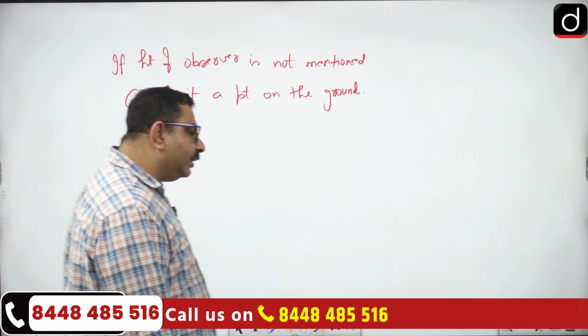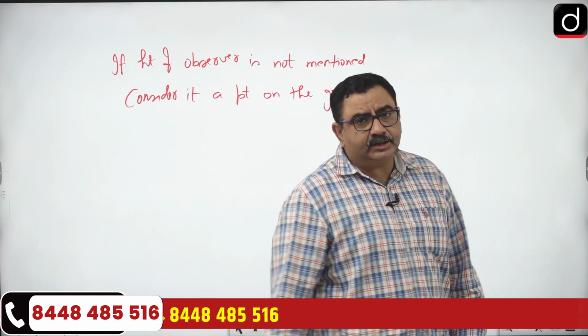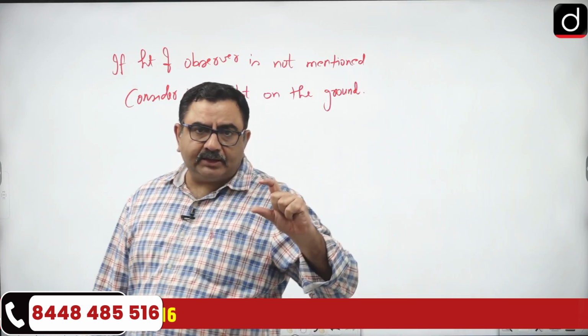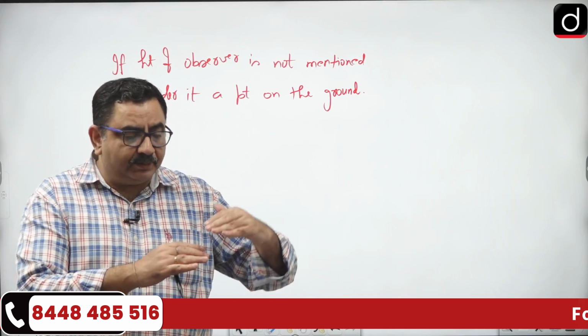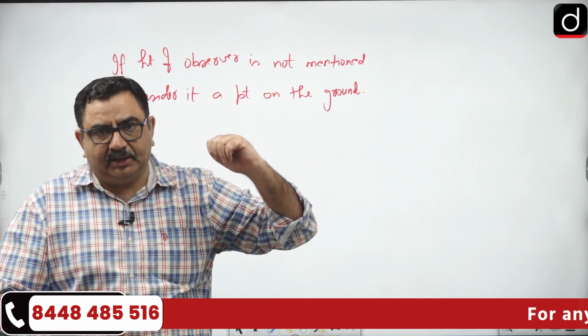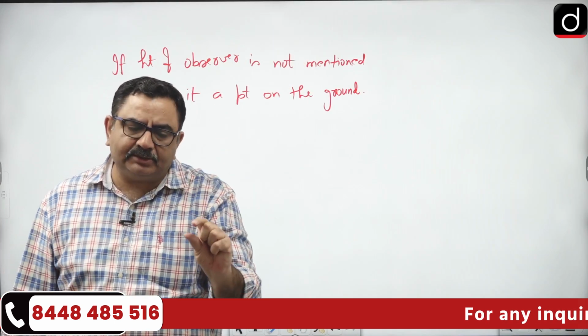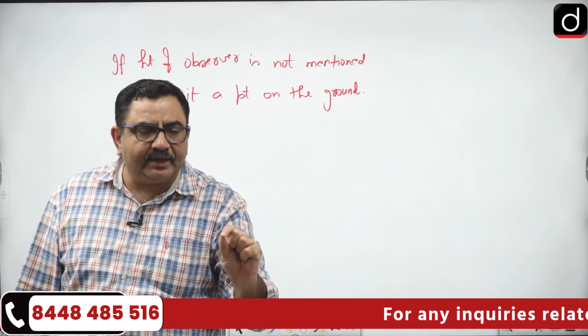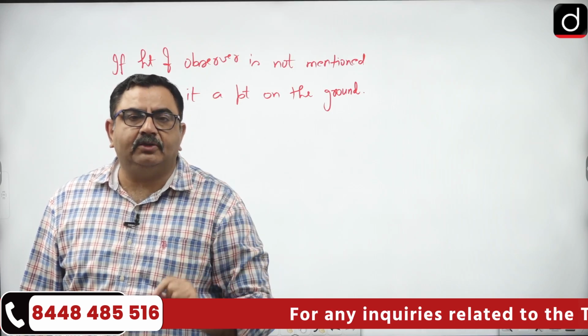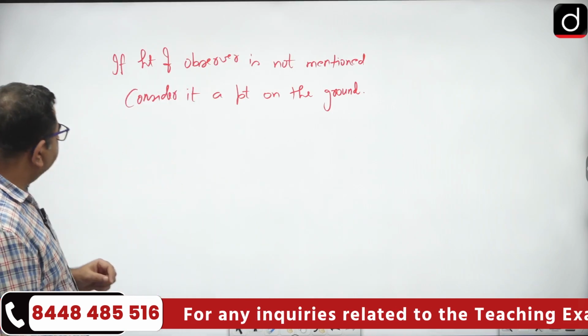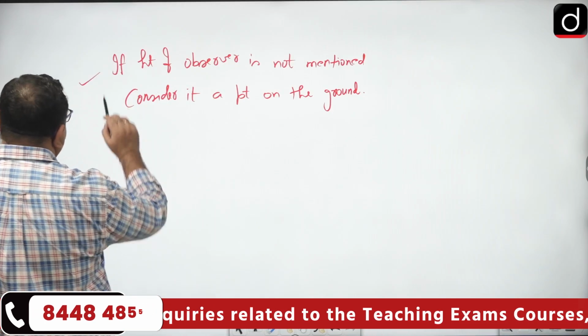Why consider this? Because in those cases the height of the person is negligible in comparison to the height of the object. So if the height of the person is negligible, we generally neglect it and consider it a point on the ground, right? So you should remember these one or two things.